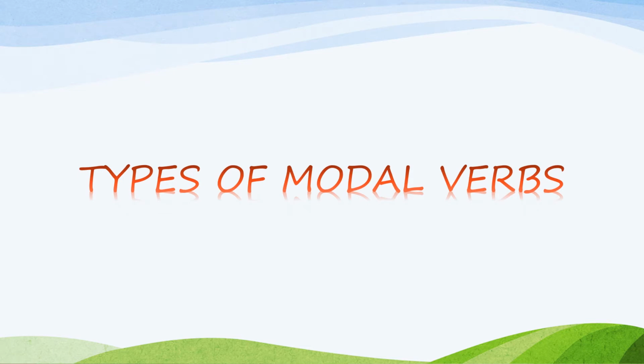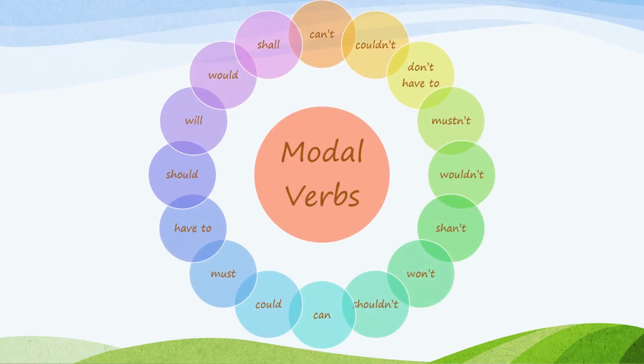Now, let us check what are the types of modal verbs. See, different types of modal verbs are there. Some are positive modal verbs and some are negative modal verbs. Let us see examples.